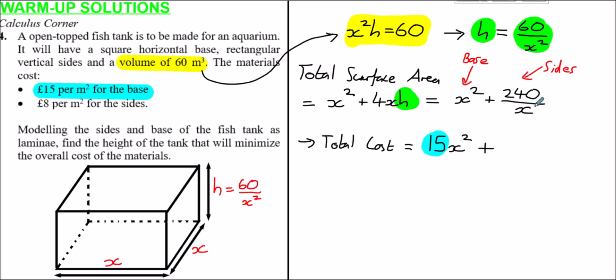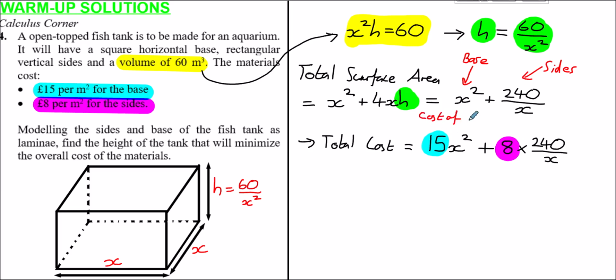So it's going to be the area of the sides, which is this, in square metres, multiplied by the cost per square metre. So it's going to be 8 multiplied by 240 over x. And that 8 comes from the fact that it's £8 per metre squared for the sides. So just labelling it on so you know where these numbers are coming from. This number here is the cost of the base. And this underneath is the cost of the sides.